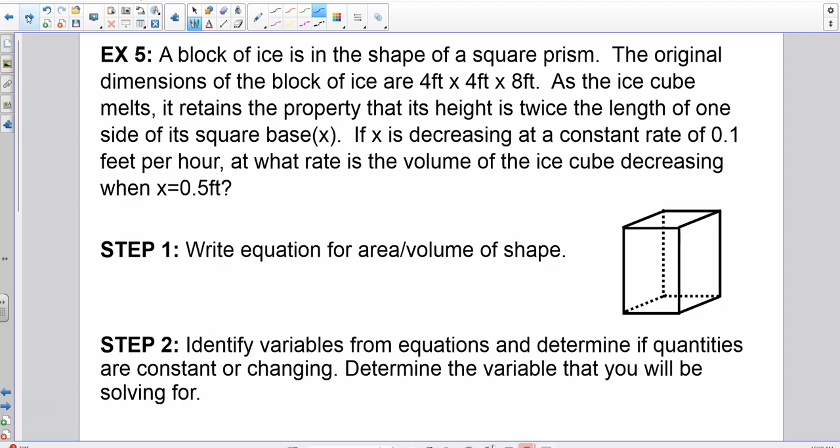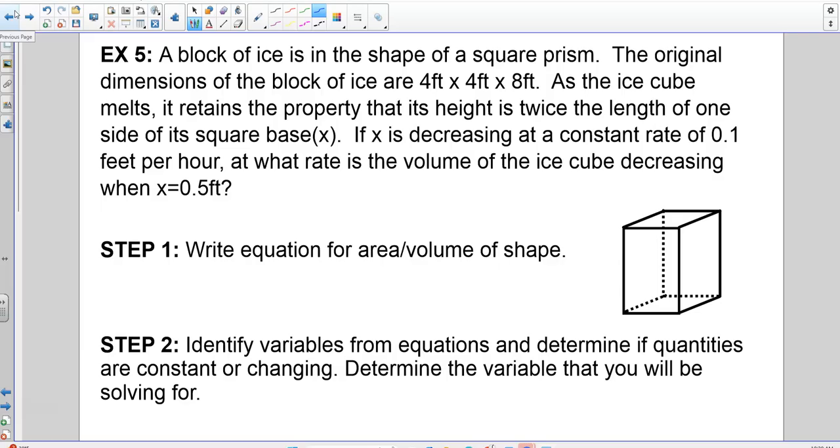In this case, a block of ice is in the shape of a square prism. The original dimensions of the block of ice are 4 by 4 by 8. As the ice cube melts, it retains the property that its height is twice the length of one side of its square base.